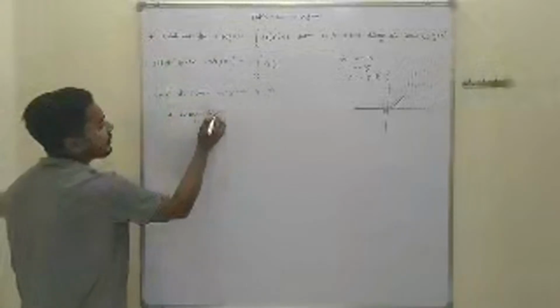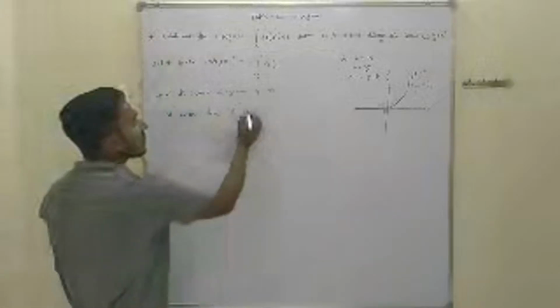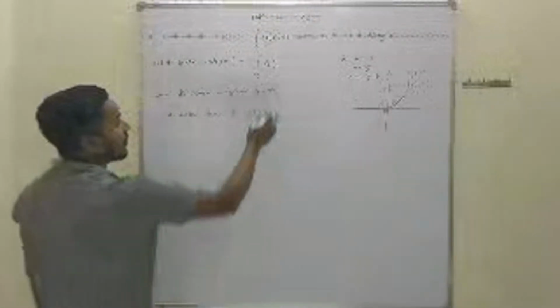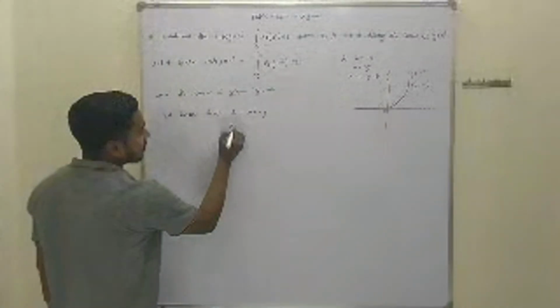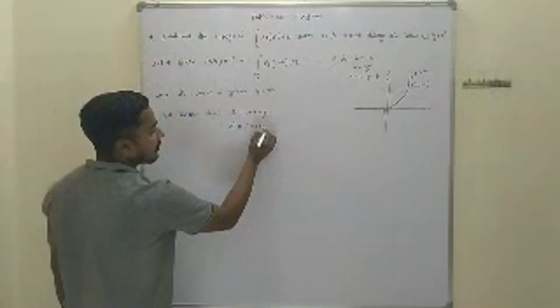We know that z is a complex quantity, z equals x plus iy, and we have to find the value of z squared. On squaring, z squared is equal to (x plus iy) whole squared.